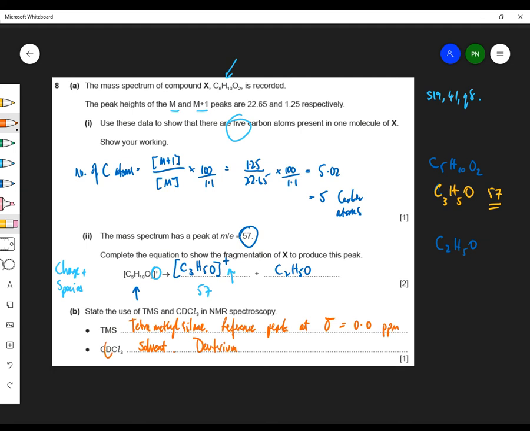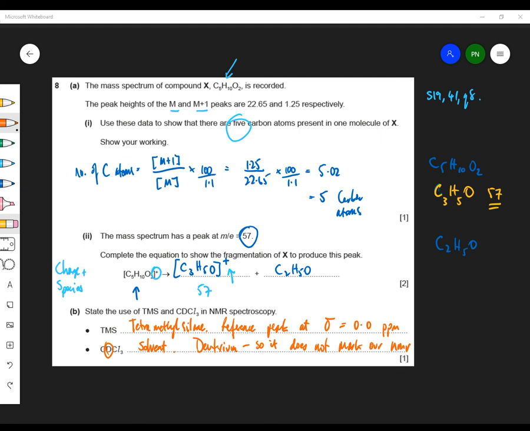The reason we have deuterium here is so it does not mask our NMR. We don't want the solvent to get in the way of the peaks, do we? So we use a deuteriated solvent, CDCl3. All right, are we good? I think so. Let's move on.